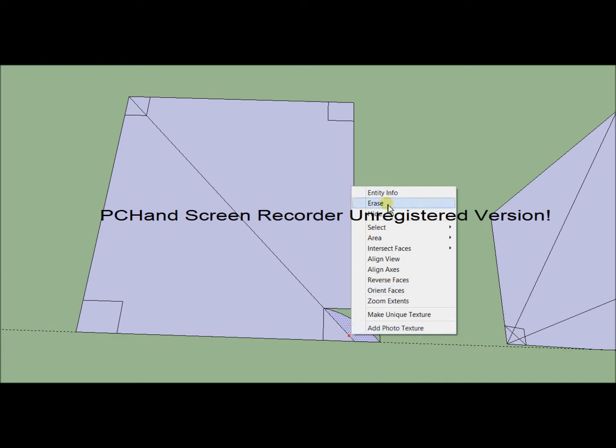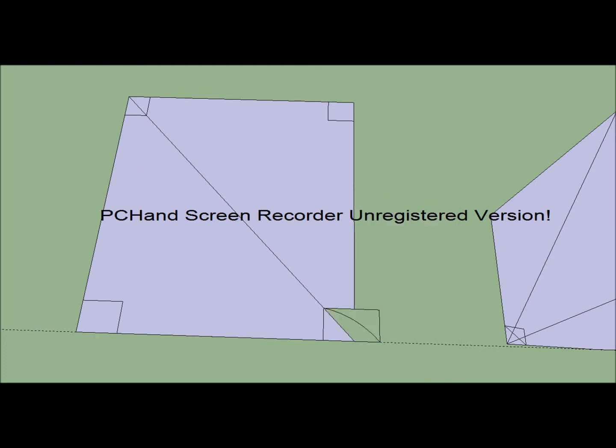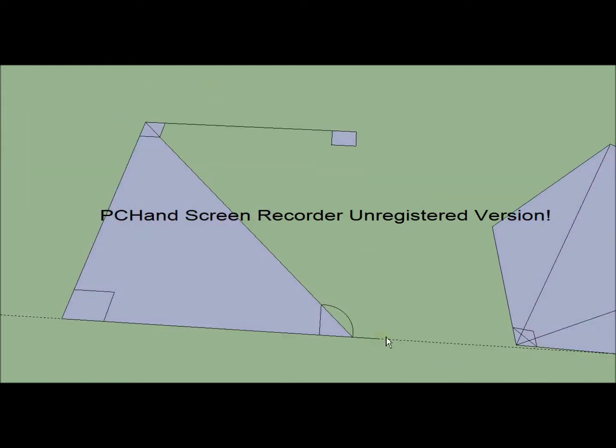So let me make this into an angle. Then we can move on. So this must equal 180 degrees, which it does.